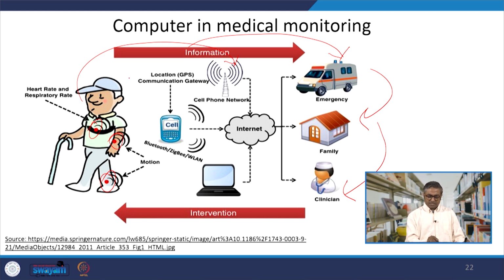How? Through GPS, through the cell phone. These are motion detectors. If the elderly person collapsed, suddenly fell on the ground, then these motion detectors send a signal to the primary caregivers, secondary caregivers and the hospital. There is an SOS.